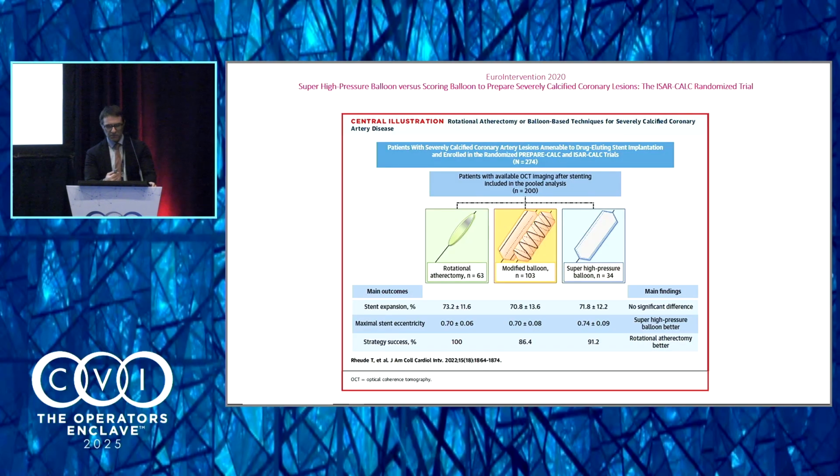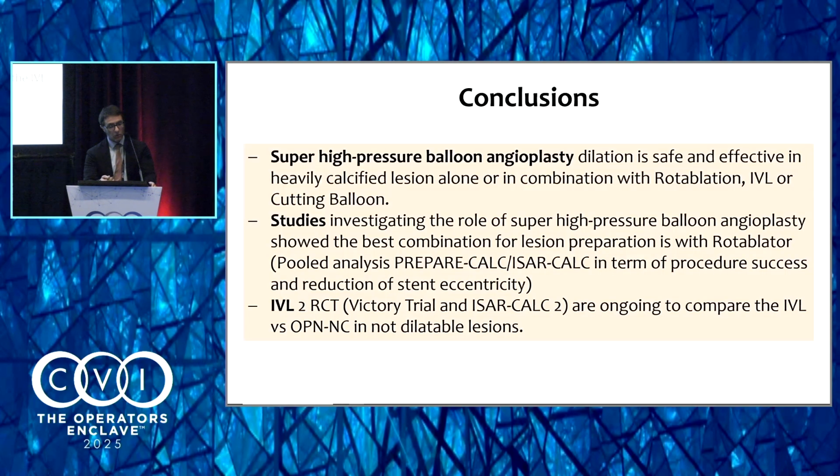But the maximal stent expansion, a parameter of how well you expand your coronary artery, is not achieved with the cutting balloon, but with the OPN NC. So personally, to treat such lesions with rotablator, I use the OPN NC balloon because the data and the pooled analysis support that.